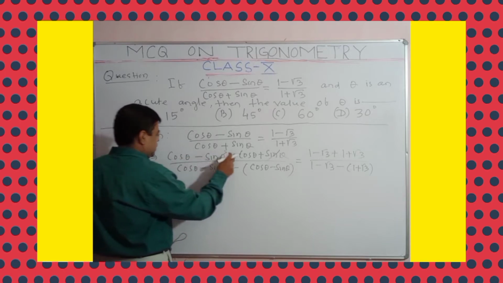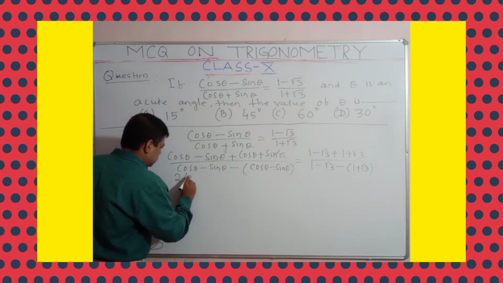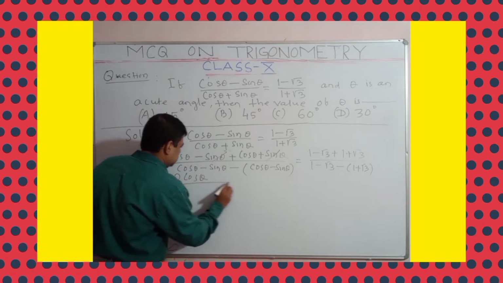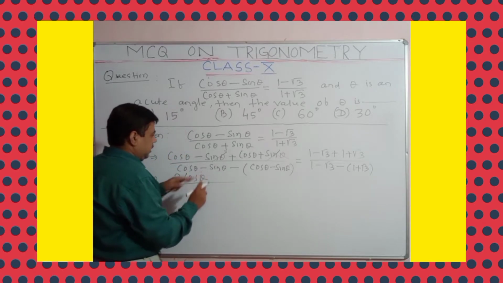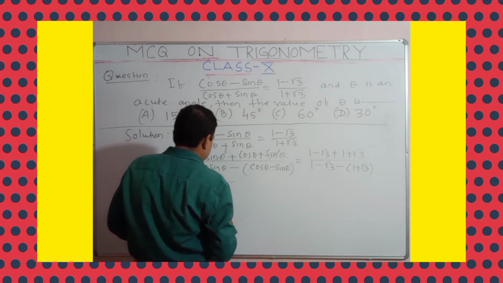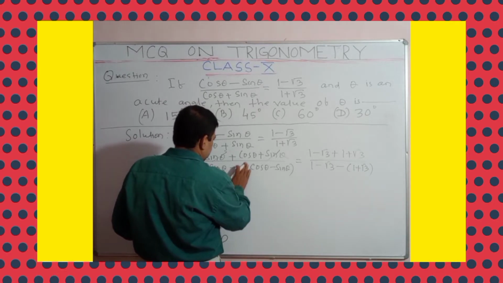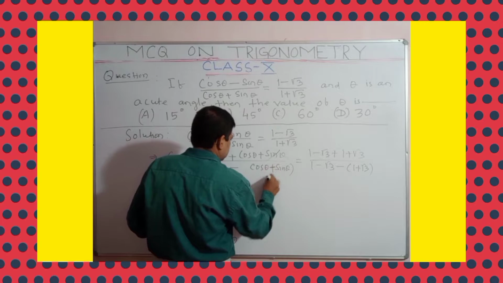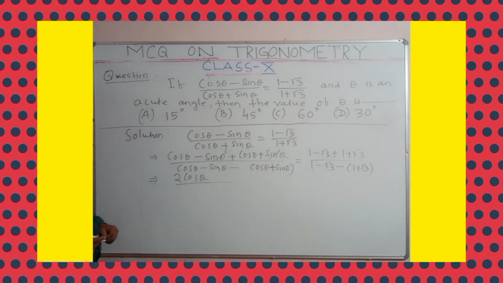So now let's see, minus sin theta plus sin theta can we cancel? So cos theta plus cos theta is 2 cos theta. Similarly, cos theta minus sin theta, if we remove the bracket, what will happen? It will be minus cos theta and plus sin theta. Yes or no?